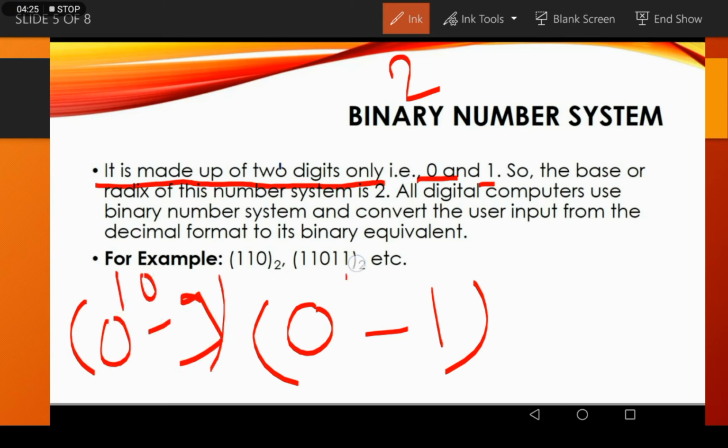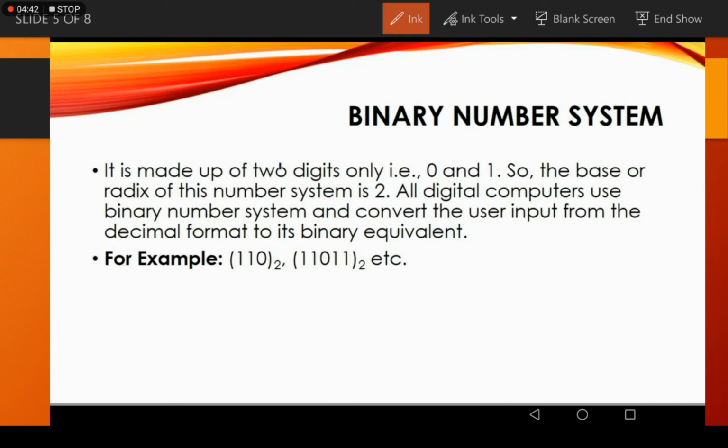Binary is from 0 to 1, 2 digits. All digital computers use binary number system and convert the user input from the decimal format to its binary equivalent. As I said, our computer can only understand binary number system, or I can say machine language. Machine language and binary number system both are the same thing.